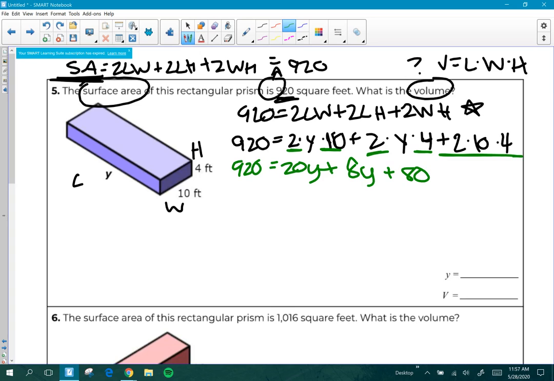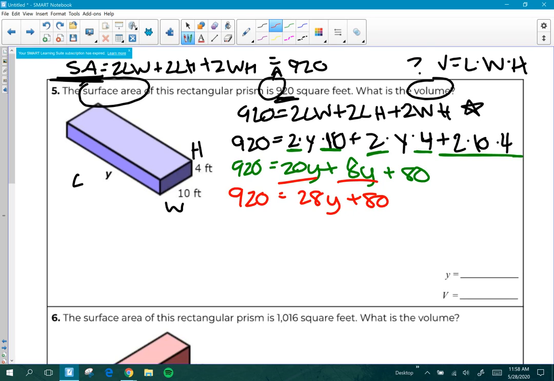Now I have a multi-step equation, similar as Algebra 1 with Mr. Green, if you had Mr. Green last year. So I want to combine like terms. I have 20y and 8y. So everything else stays the same. This becomes 28y plus 80.